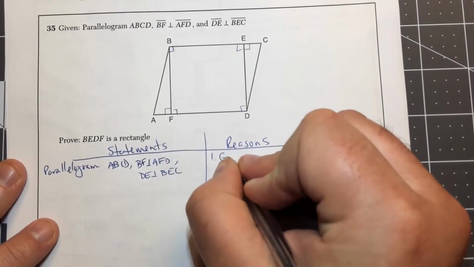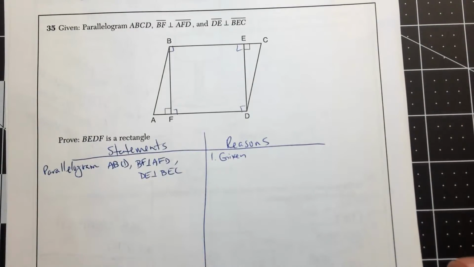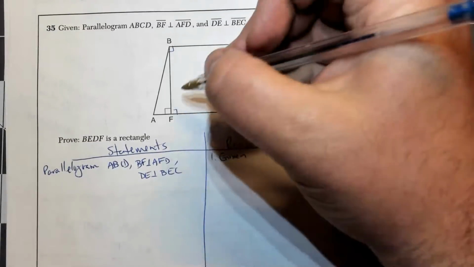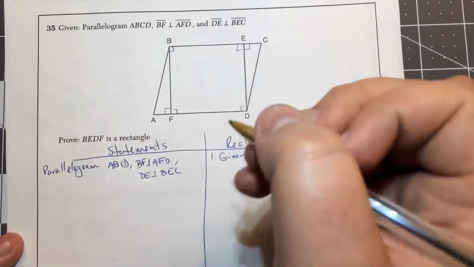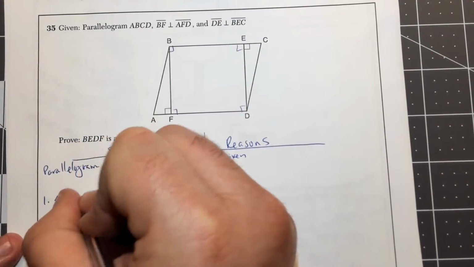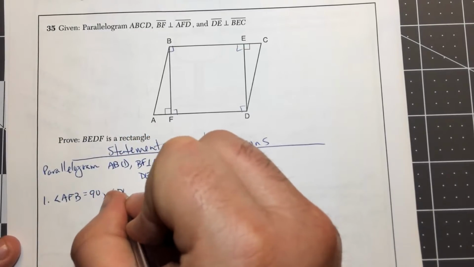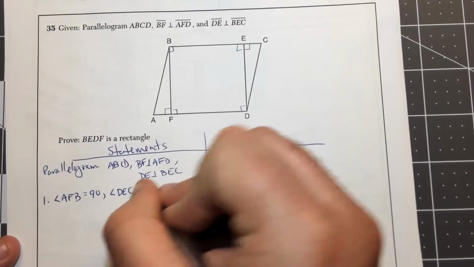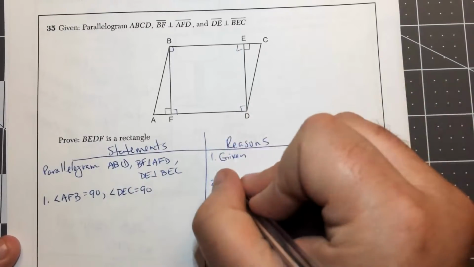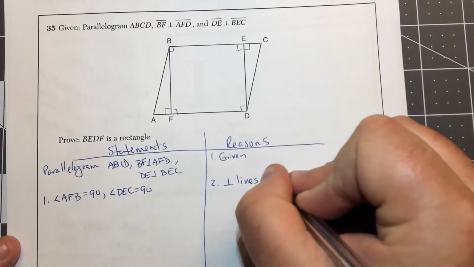So there's my given. All right. Keywords. We got parallelogram and we got perpendicular. So perpendicular lines, remember, form 90-degree angles. So we're going to go ahead and say that angle AFB is equal to 90, and angle DEC is equal to 90. And that's going to be the fact that these are perpendicular lines. So remember, perpendicular lines form 90-degree angles.